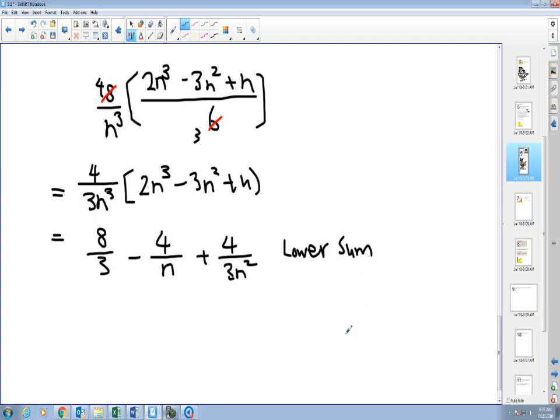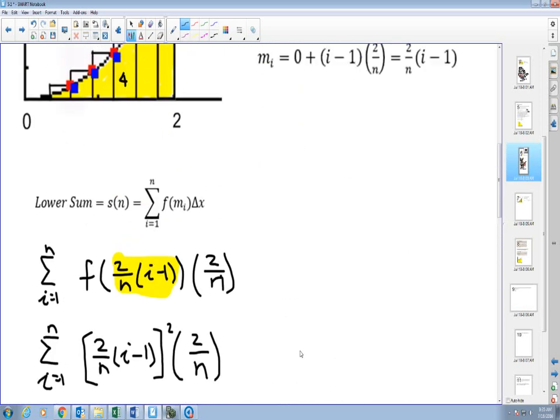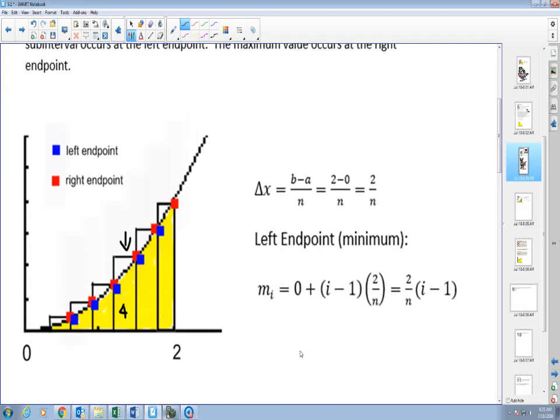Alright, let's try one with the upper sum. So if we say the upper sum, or the maximum, the right endpoint, let's say the right points are i at a time. So then this will be 2 over n times i, rather than i minus 1, because the left point is 1 short.